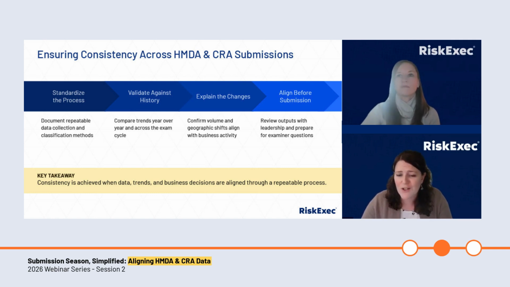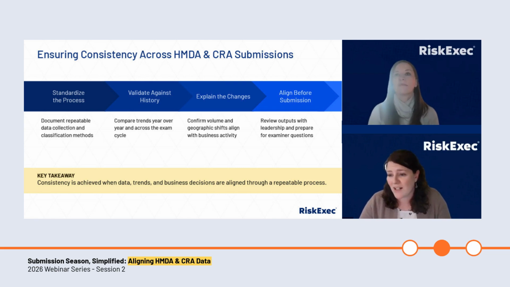Revenue identification for your small business, small farm lending: even differences in how revenue thresholds are applied can change your loan counts and loan distributions, which sometimes don't reconcile cleanly when you look at trends year over year. So make sure you have all of that consistently documented and standardized.